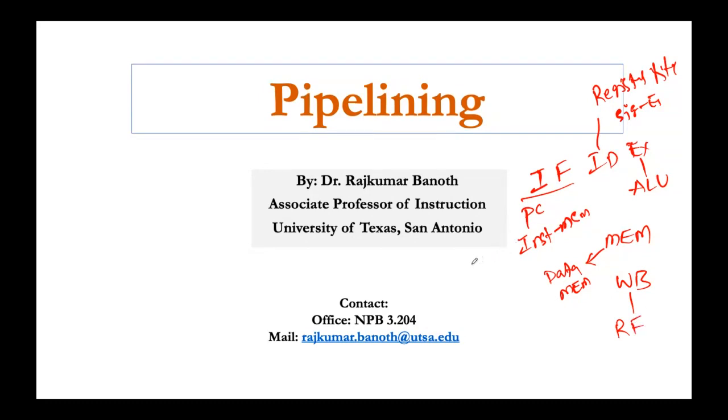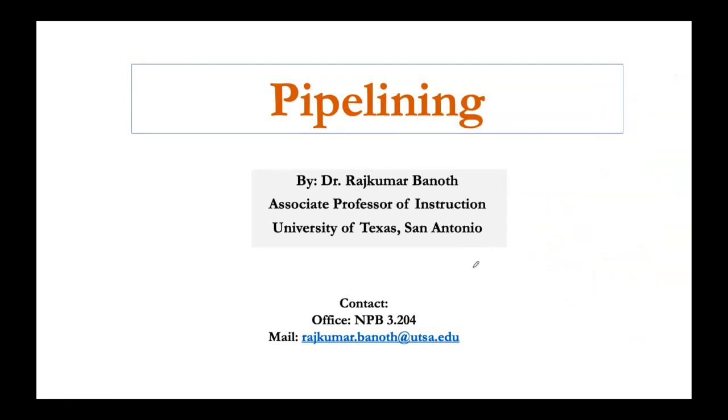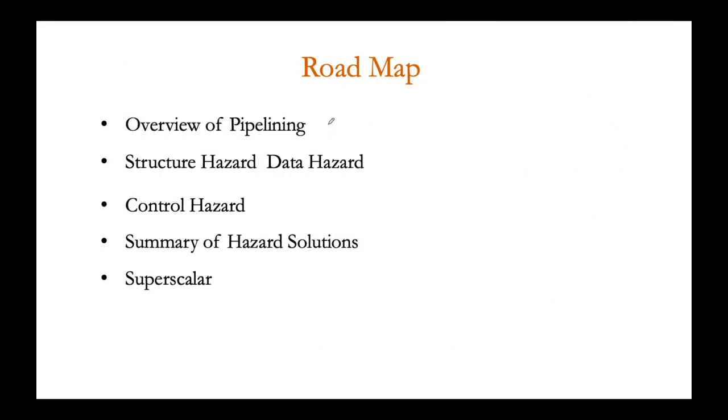Okay. So let us go and discuss this pipelining. For this topic, we are going to cover the overview of pipelining, and certain hazards, the difficulties while executing the instructions by following the pipelining process. One is the structural hazard, that is the hardware arrangement hazard, then the data hazard, the control hazards, and a summary of these solutions.